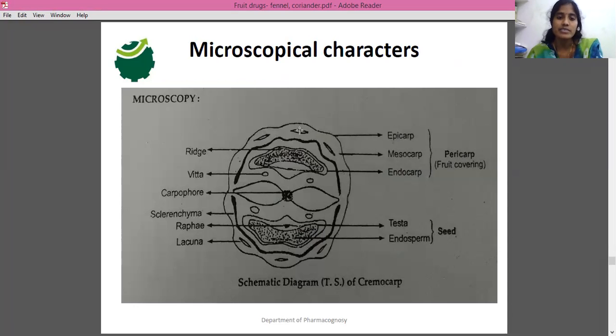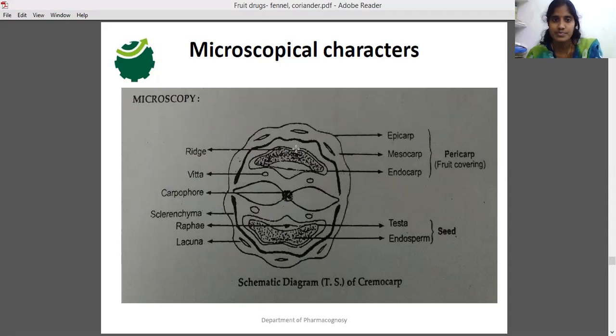This is the transverse section of the coriander fruit. When you take the entire transverse section of the fruit, it will have two mericarps. This is one mericarp part and the remaining is the other mericarp part.